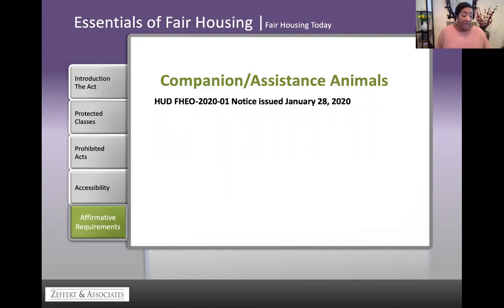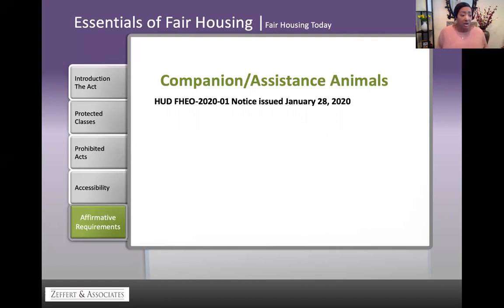It says assistance animals can perform many disability related functions, such as guiding individuals who are blind or have low vision, alerting individuals who are deaf or hard of hearing to sounds, providing protection or rescue assistance, pulling a wheelchair, fetching items, alerting persons to impending seizures, providing emotional support to persons with disabilities who have a disability-related need for such support.